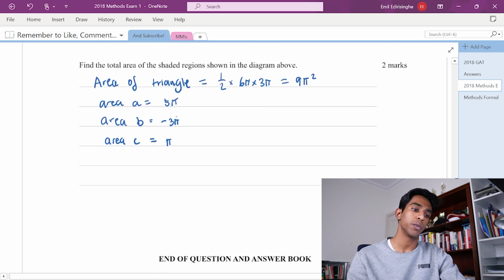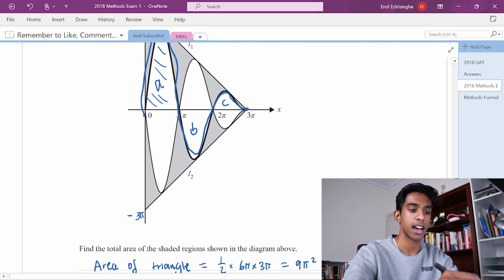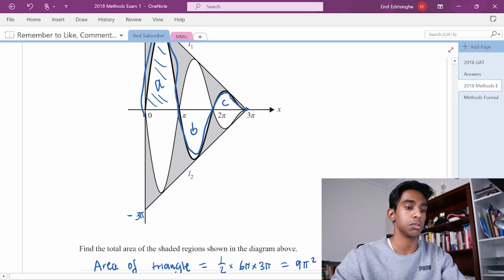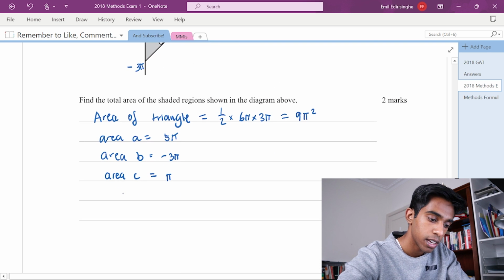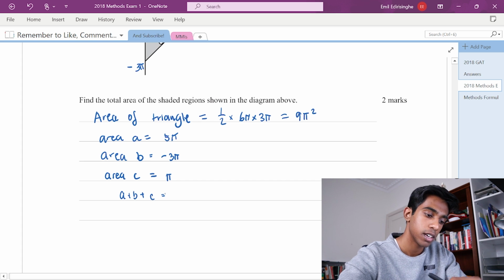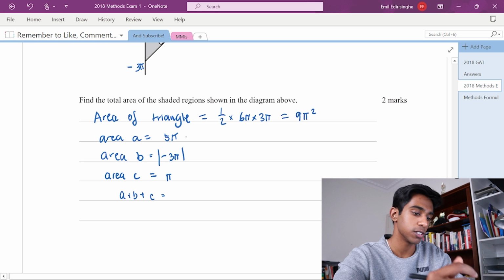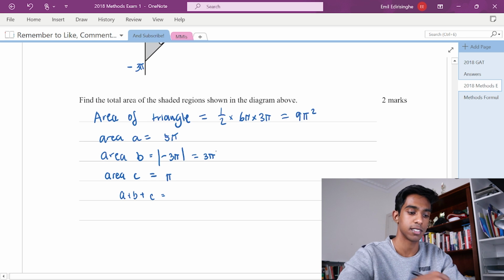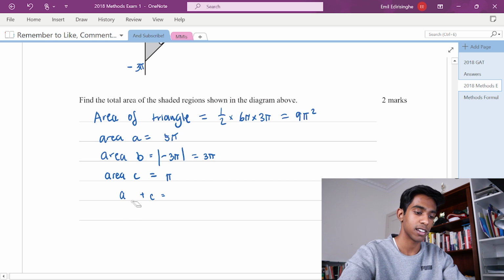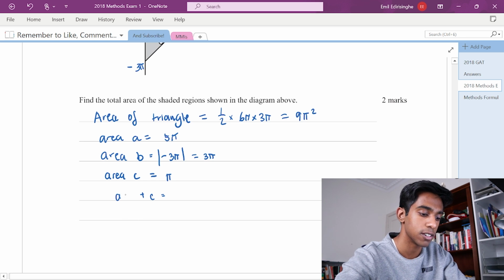So then now we can find the area of this entire thing, which is just going to be double areas A, B, and C added together. So A plus B plus C is equal, just remember that we're taking the modulus of this, which is the positive, so just 3 pi because it's the area, and areas aren't necessarily negative, they're only negative in integrals.